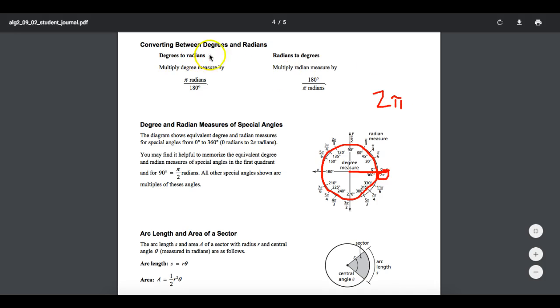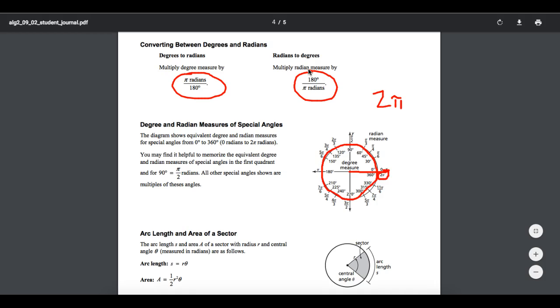Now, to convert between degrees and radians, to go from degrees to radians, we just multiply our degree measurement by pi radians over 180 degrees. To go from radians to degrees, we just multiply our radian value by 180 over pi. These are the two keys right here. To go from degrees to radians, it's pi over 180.